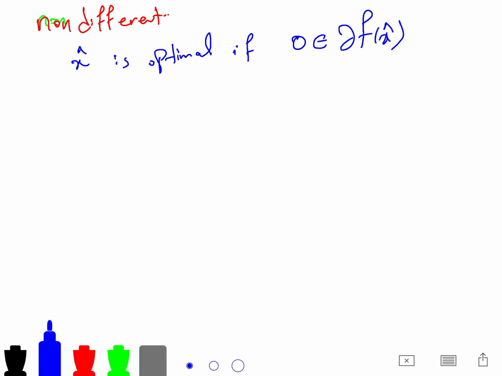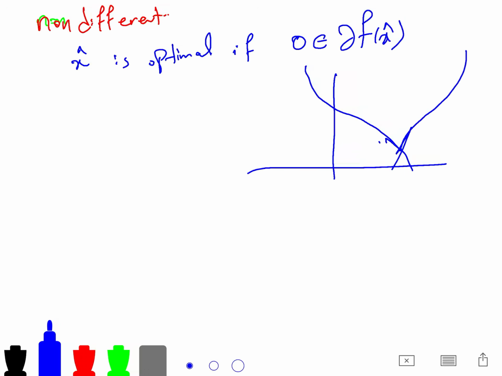For example, if you have a function which is non-smooth at some points, it could have many derivatives there. You see, all of them are tangent to the function, so any of these g could be in your subdifferential. This is the generalization of the differential when your objective is not smooth.